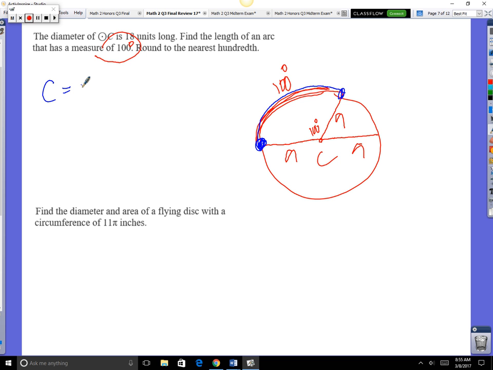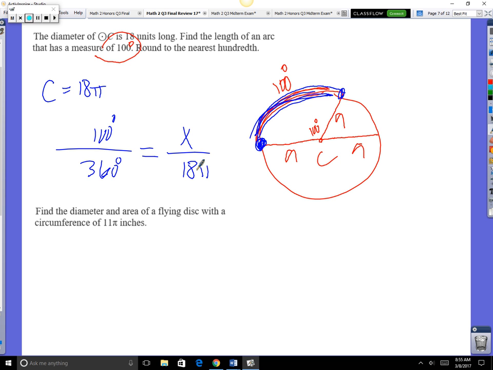So circumference is pi times diameter. So it's 18 pi. Now that's all the way around. So here's what we're comparing. We're comparing 100 degrees to the full 360. And I want to know just this distance to the full distance of the circle, which is 18 pi.